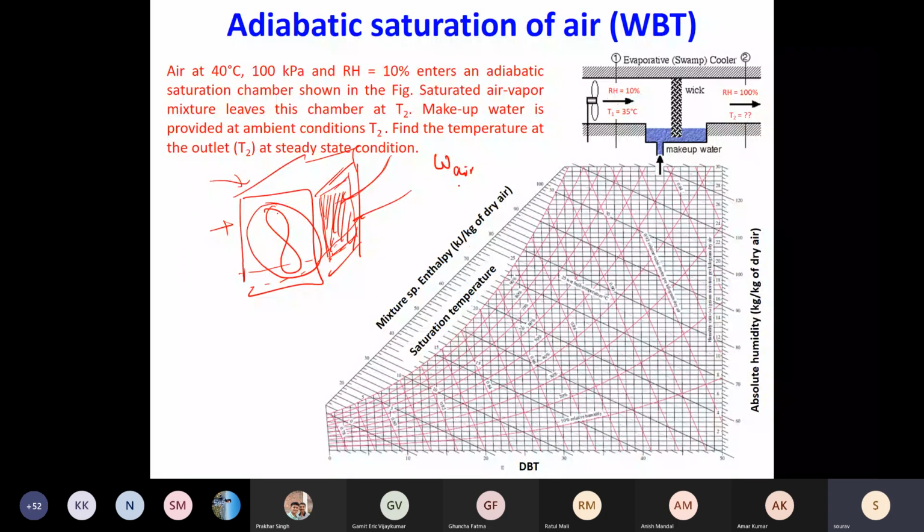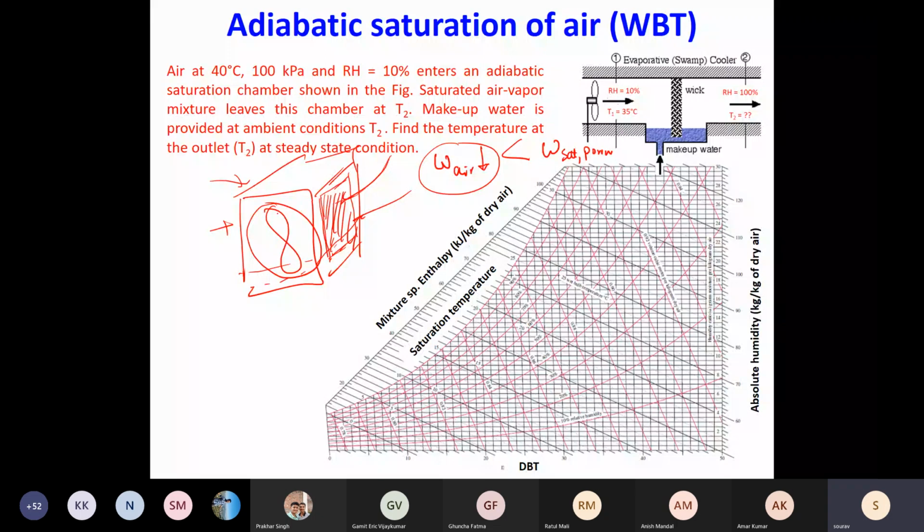So there you will have omega of air much less than omega corresponding to the temperature of this porous medium. Okay. So you will have omega saturation of this porous medium and omega air, and this difference has to be as high as possible.